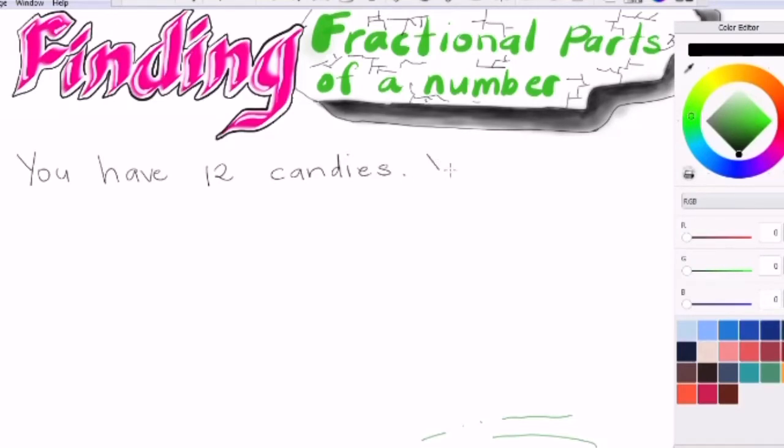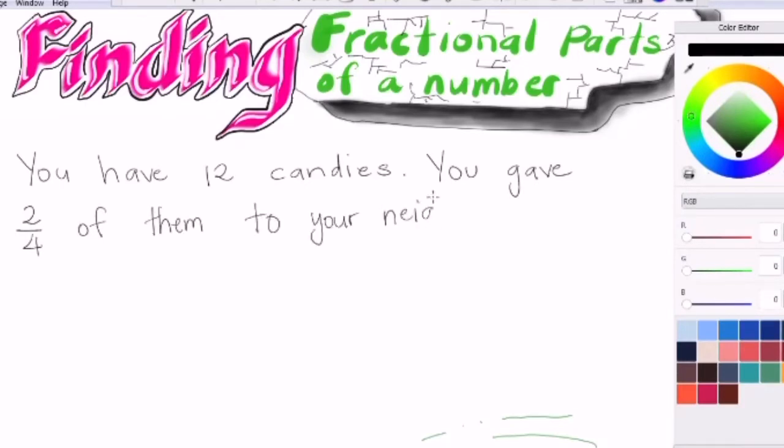Let's read together. You have 12 candies. You gave 2/4 of them to your neighbor.